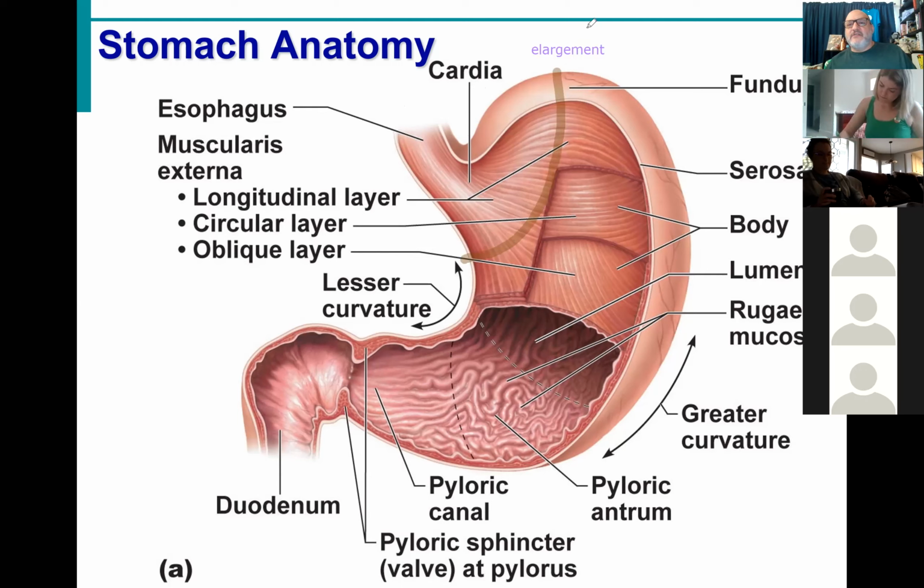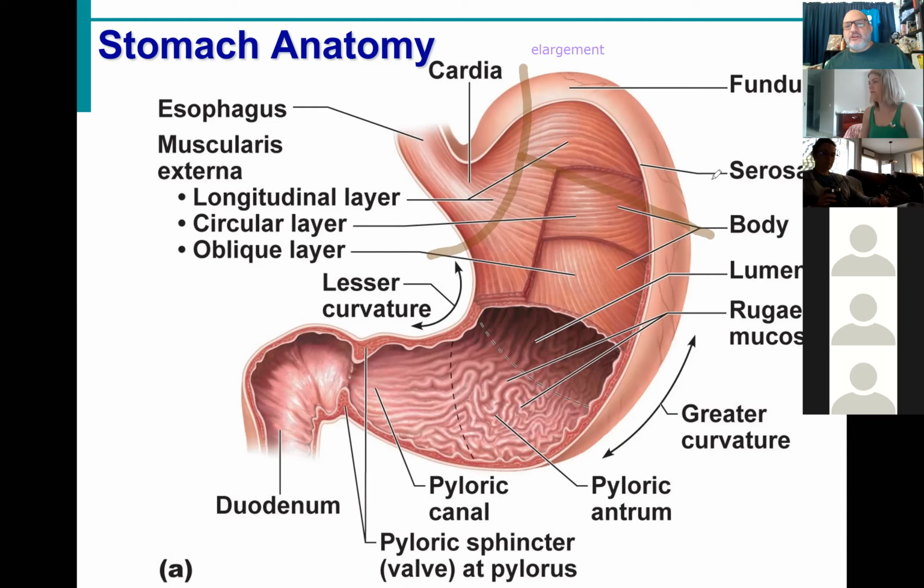And I may have gotten a little aggressive with this, so let's cheat and grab it and move it a little bit more like that. This big, huge enlargement, the biggest enlargement of this, is the enlarged pouch-like structure known as the fundus.